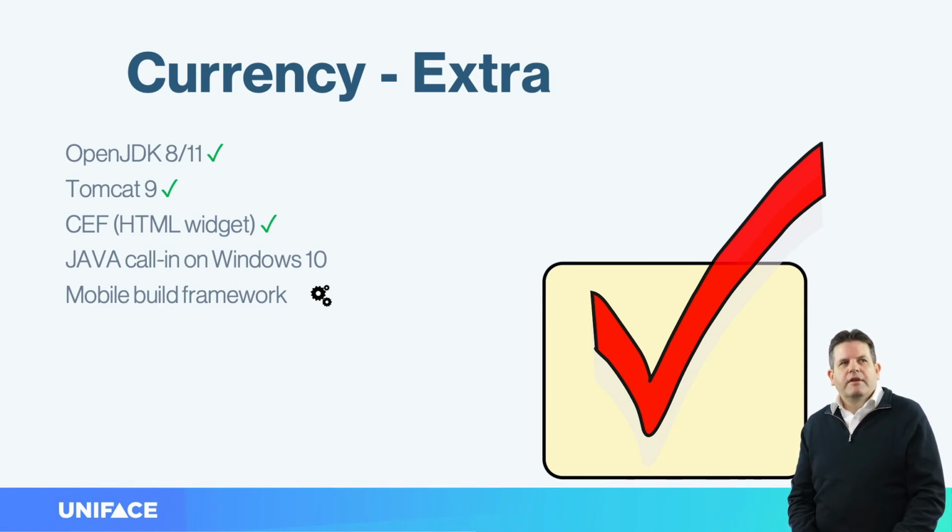So we have evaluated and approved OpenJDK 8 and 11 away from the standard Oracle JDK. This is due to the support policy changes within Oracle. Tomcat 9 has also been verified. CEF has just been updated, so that's very much a leap to the latest versions.